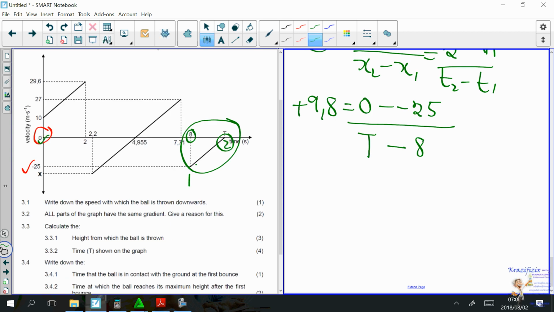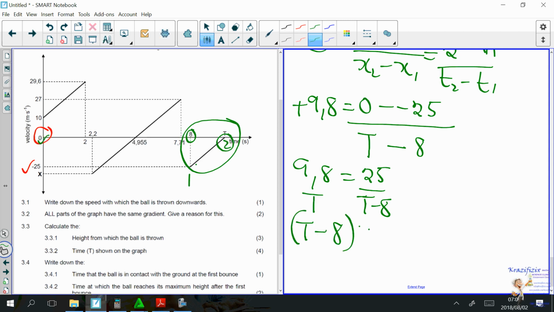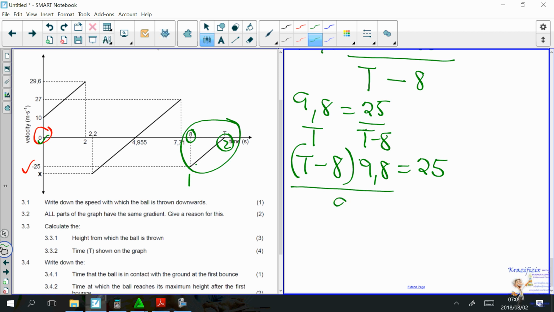What do we know here? Now remember here, this is direct. 9,8 equals 25 over t minus 8. We can now cross multiply. T minus 8 multiplied by 9,8 equals 25. Let's make our maths very easy. Divide both sides by 9,8.